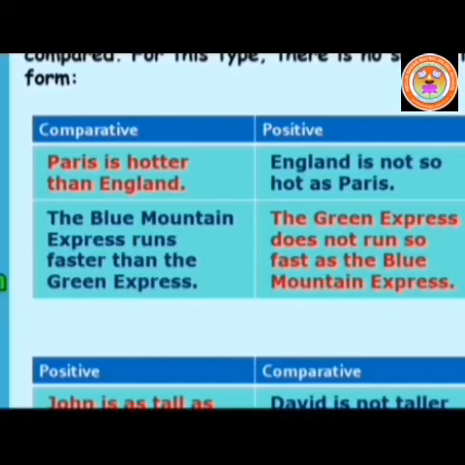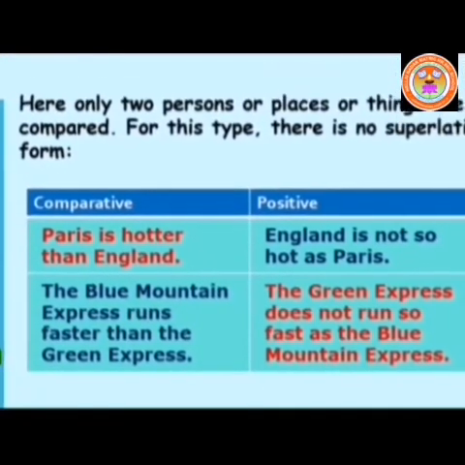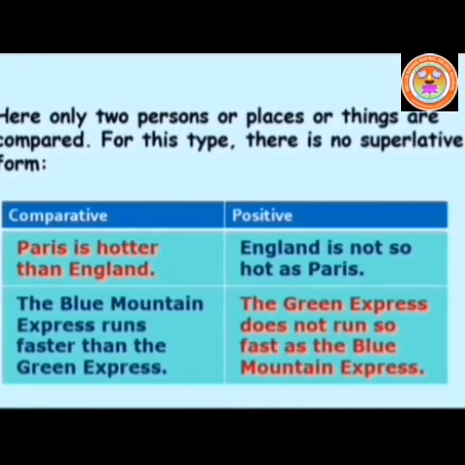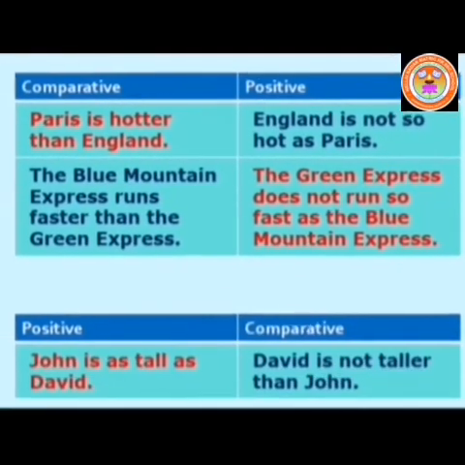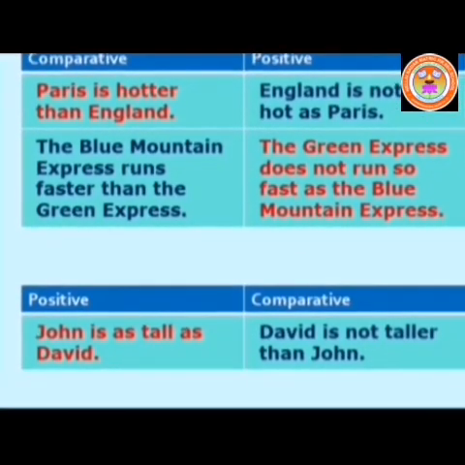They are just using two cities, England and Paris. Then the comparative degree, Paris is hotter than England. Here they are not talking about any superior thing, so superlative degree won't come. Why? Because I told you in the first thing itself, two persons or places or things are compared. So in this case there won't be any superlative degree.